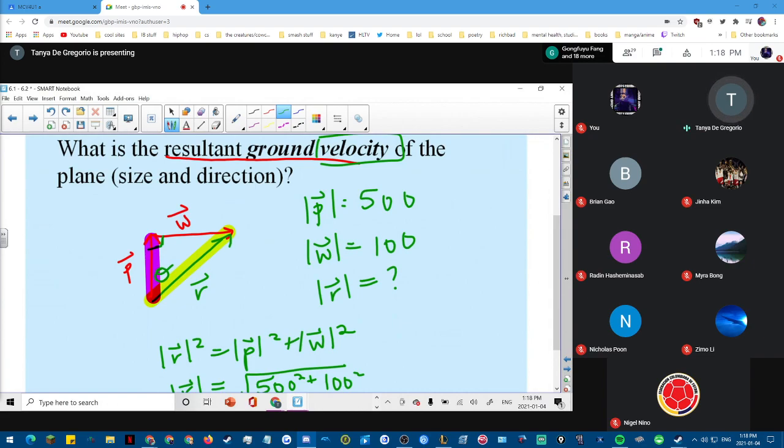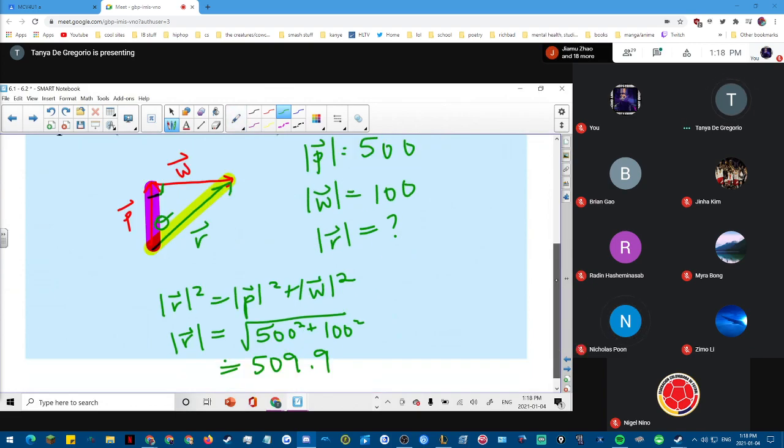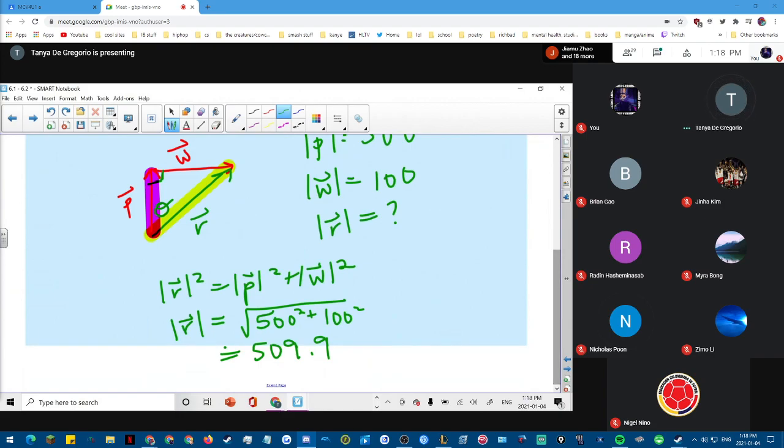So to find that angle, again, using very simple math, what am I gonna do? SOHCAHTOA. I've got my opposite, I've got my adjacent, I'm going to use tan.